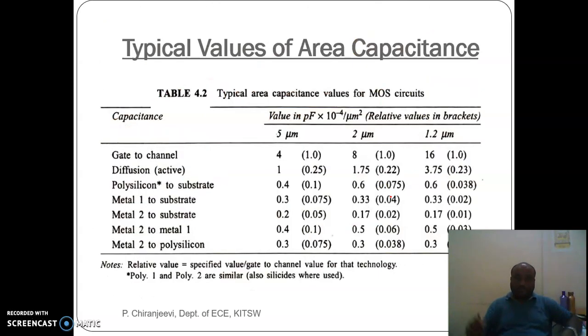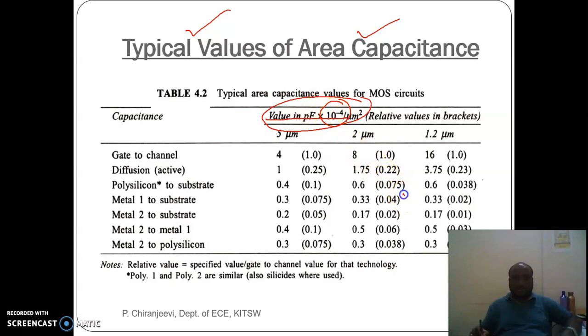Similarly, we have the tabulation for typical values of area capacitance also. As we have discussed in the previous class, these were given in terms of picofarad per micrometer square multiplied by 10 power minus 4.